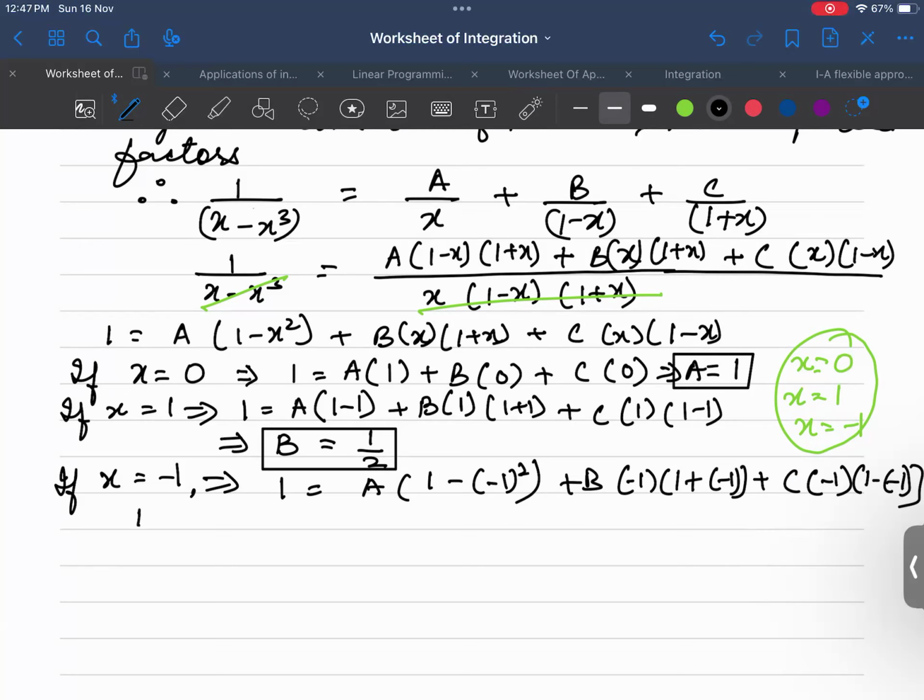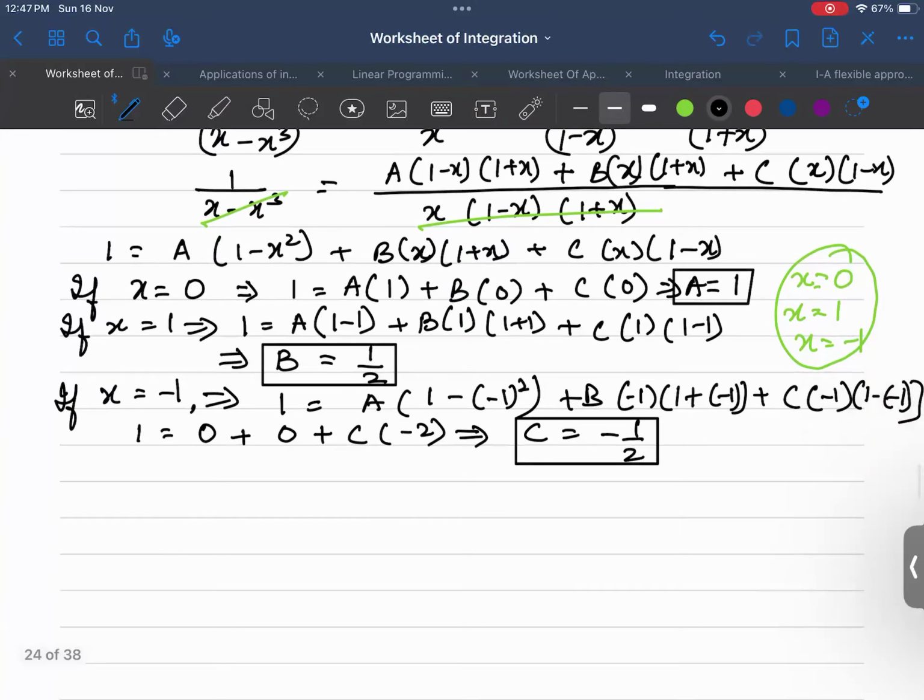You will get 1 equals, for a it is 0, for b it is 0, and for c it is coming out to be minus 2, which shows the c value is minus 2. I think it's clear. We got the values of a, b, and c.